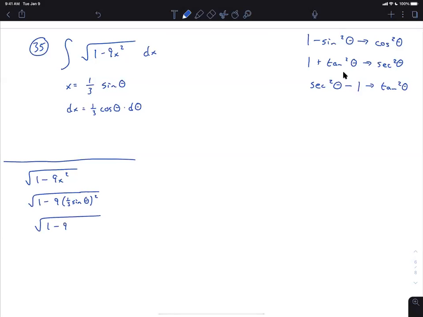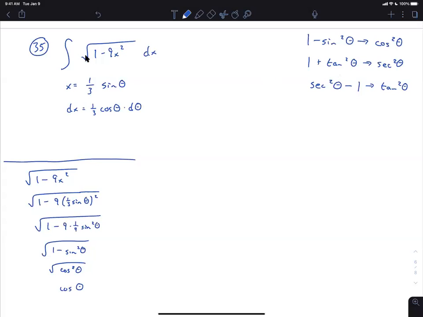That's 1 minus 9 times 1/9 sine squared theta. The 9s cancel. We get 1 minus sine squared, which is cosine squared. The square root of that is cosine of theta. I'm going quick because I want to get this in, but does everybody follow that? Pretty good.